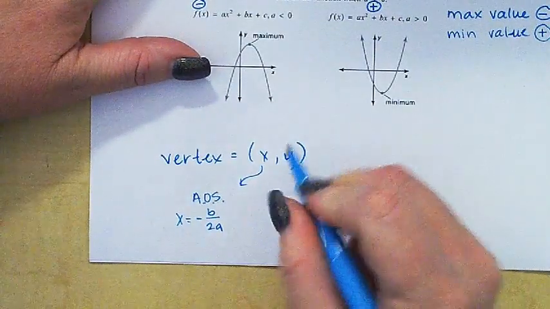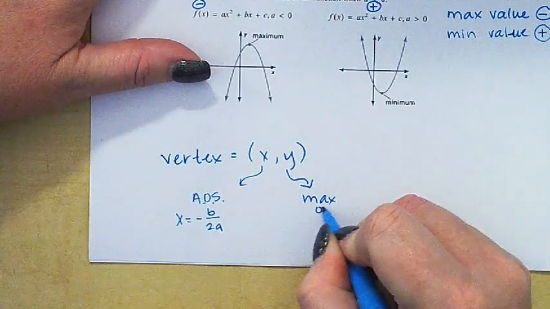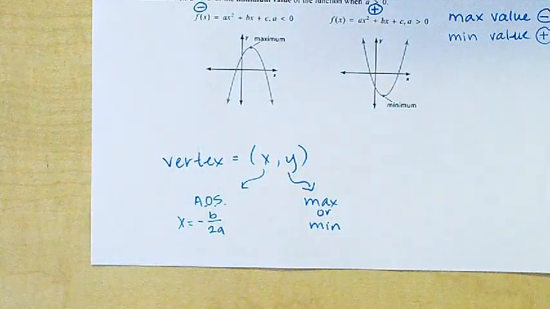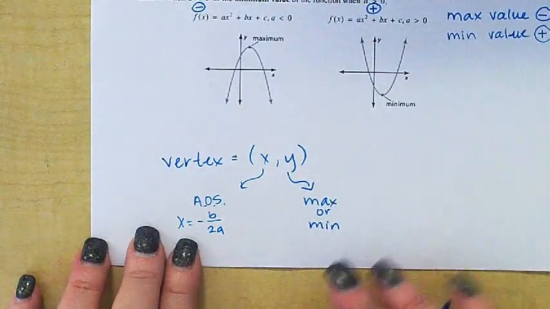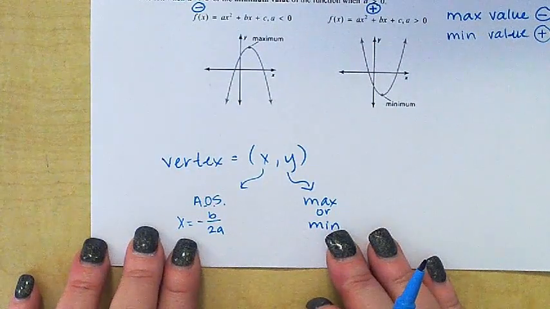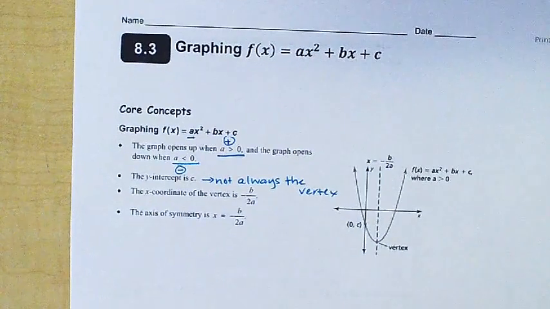And our y value is going to be that maximum or minimum. And to find that y value, we're actually going to plug this x value we found back into our original function, and it's going to give us a y value, and we're going to come up with that vertex ordered pair. Let's take a look at some of those.